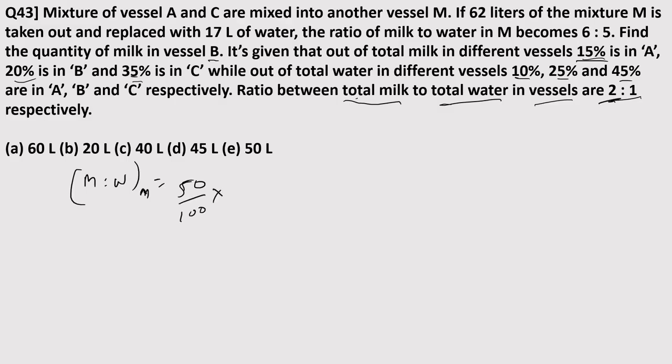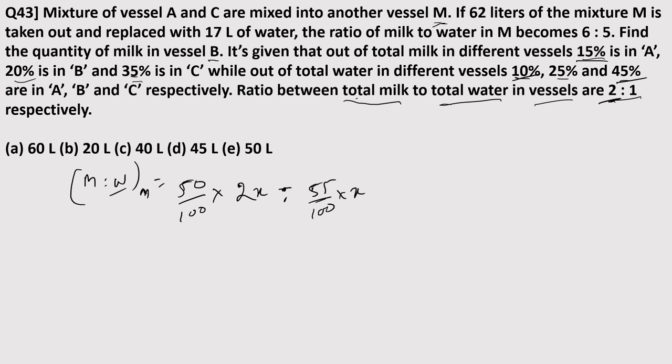Of total. Of 2x. Water is how much? See, A is 10% and C is 45%. So total 55% of what? Of total. Total in M.